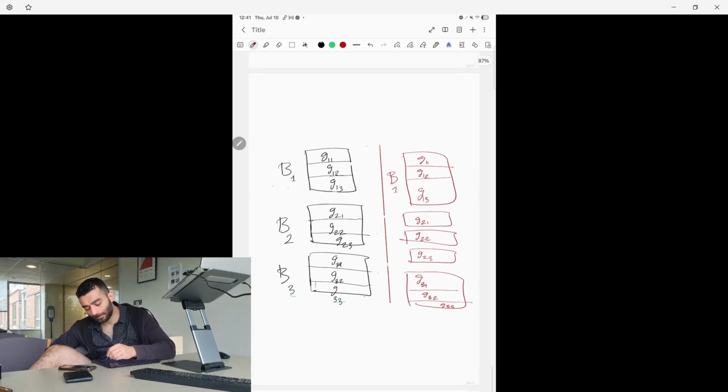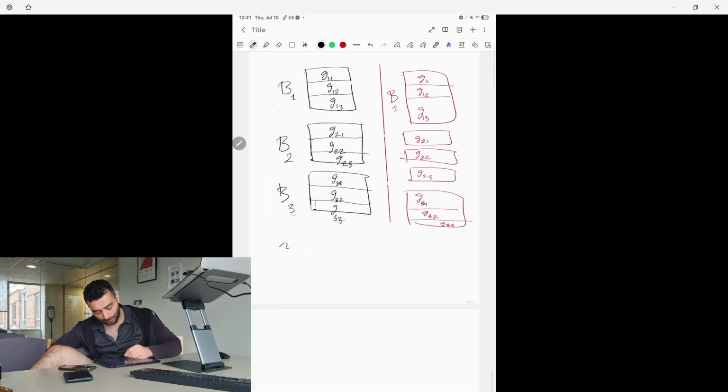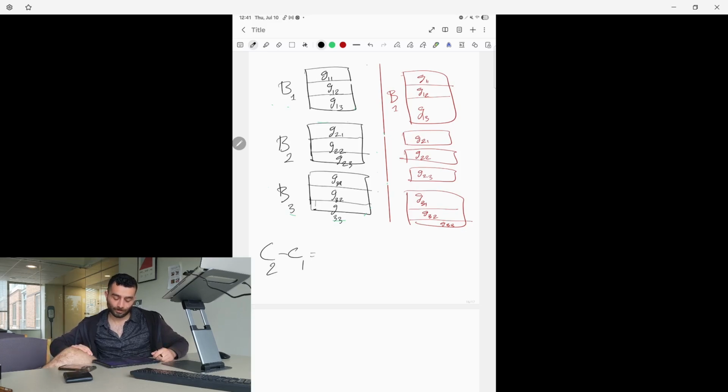Now if you call this cost C2, can I say what is C2 minus C1? So, C2 minus C1.